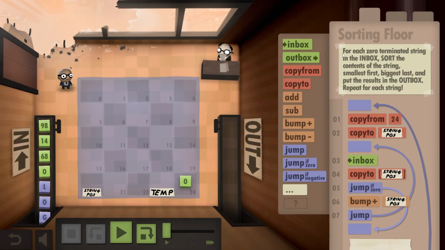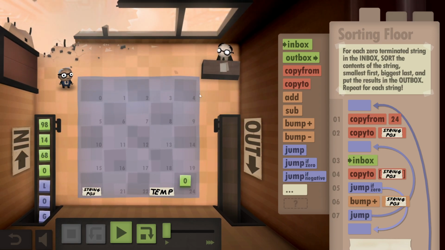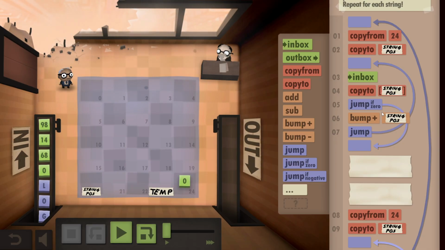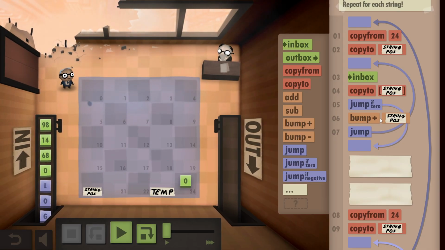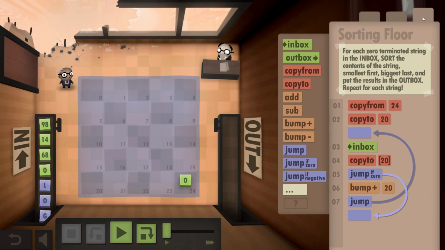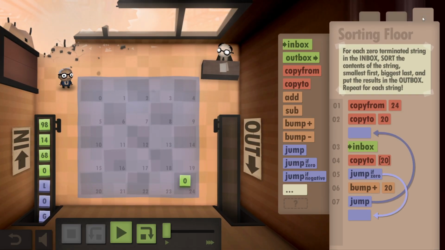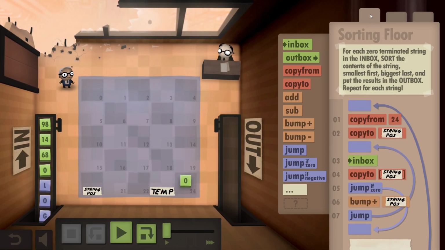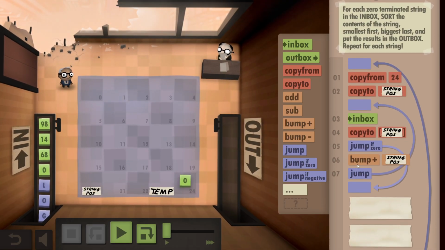Okay, so there was a logic to this. We place everything, and we did that by the beginning. They use 20, that's why I set up starting position there.